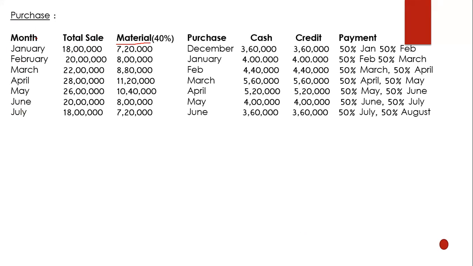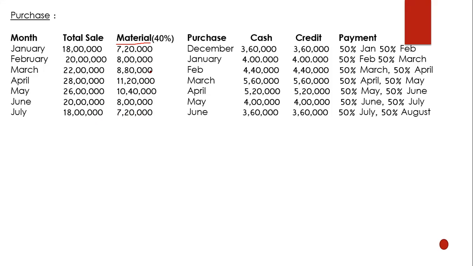So now we'll do 40% of 18 lakh, that is equal to 7 lakh 20,000. 40% of 20 lakh is equal to 8 lakh. 40% of 22 lakh is equal to 8 lakh 80,000. 40% of 28 lakh is equal to 11 lakh 20,000. 40% of 26 lakh is equal to 10 lakh 40,000. 40% of 20 lakh is equal to 8 lakh. 40% of 18 lakh is equal to 7 lakh 20,000.